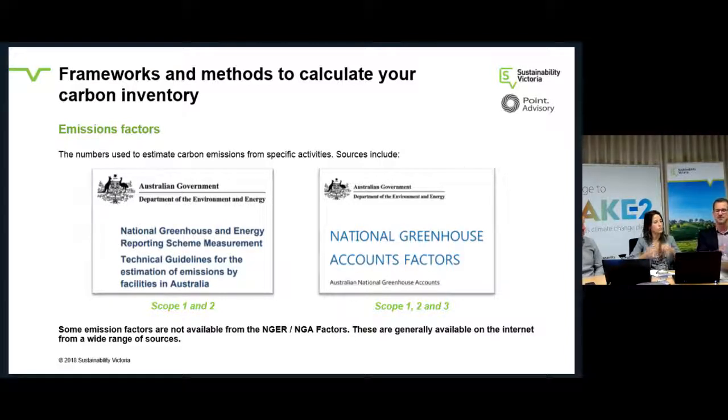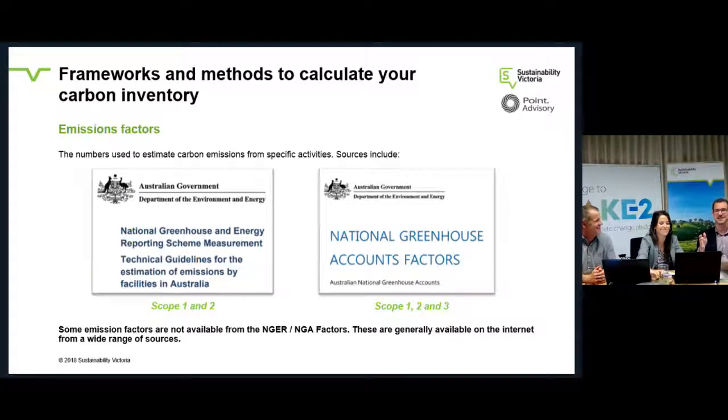So we've structured it like this to give ourselves the option of leveraging some of those more detailed emissions calculation methodologies from NGER where we need to, while also being able to go into the NGA factors for the simplified versions and for those scope 3 factors. Having said that, if you want to go away and look at some emissions factors after this course, don't look at NGER because it'll scare you.